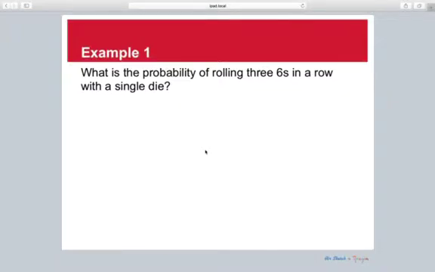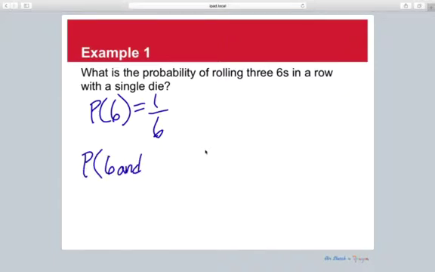What's the probability of rolling 3 6s in a row with a single die? Well, we know that the probability of rolling a 6 is just 1 out of 6 for a 6-sided die. So what they're asking is 3 6s in a row, so probability of 6 and 6 and 6.